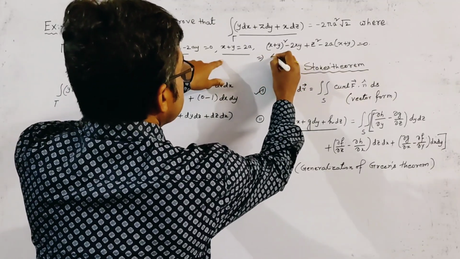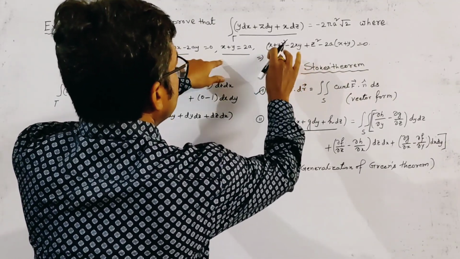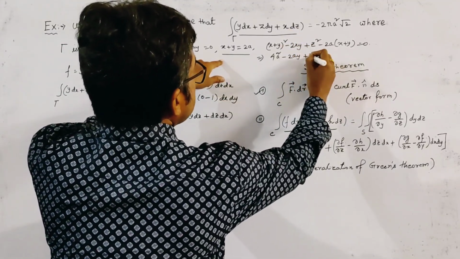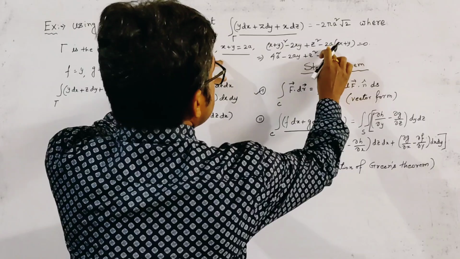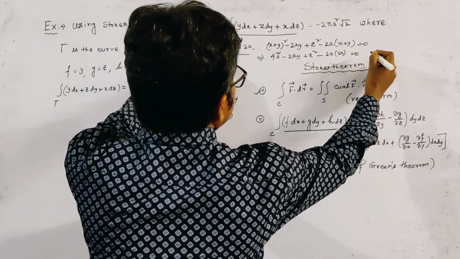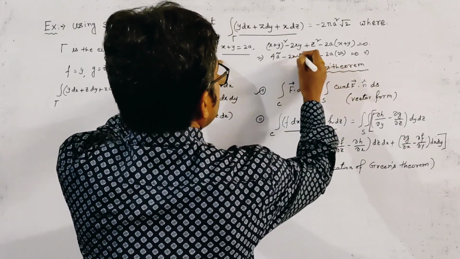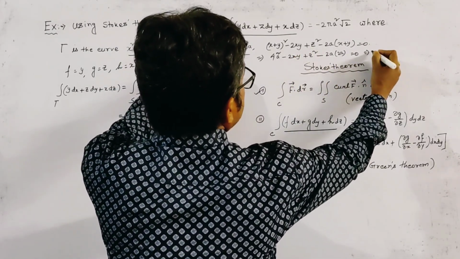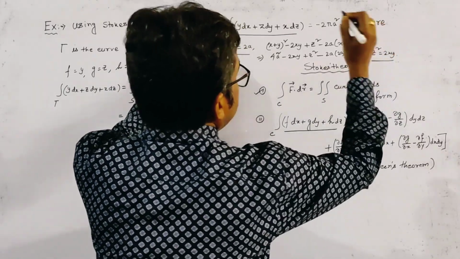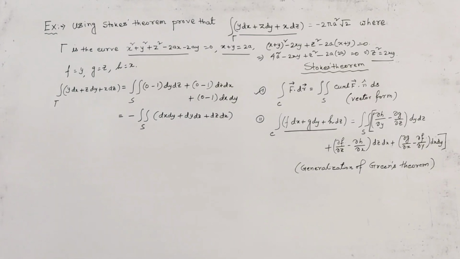This gives 4a square minus 2xy plus z square minus 2a into 2a equal to 0. So we get z square equal to 2xy by intersecting both the curves.